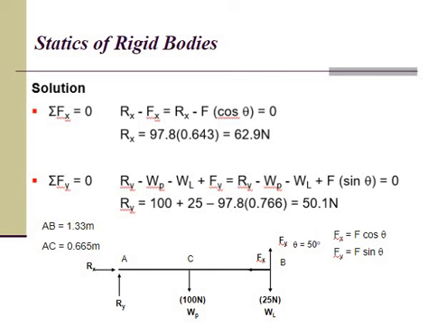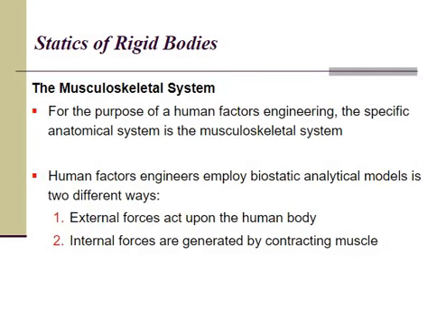So this was the solution of the problem. We got the value of the force F, and we got the value of Rx and Ry. You can see that the problem that we solved together is a simple fundamental engineering static system. For the purpose of human factors engineering, the system is the musculoskeletal system, the muscles and the skeletal system.